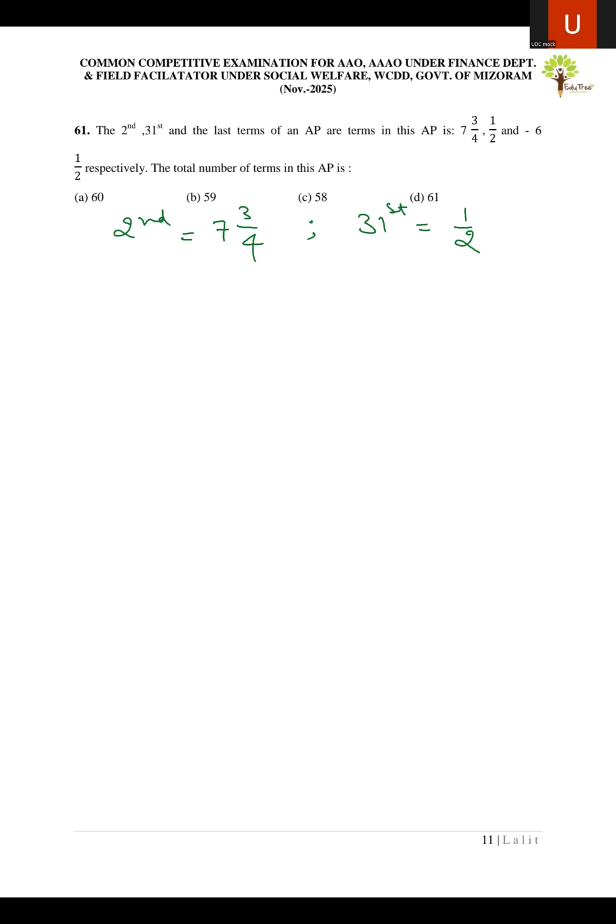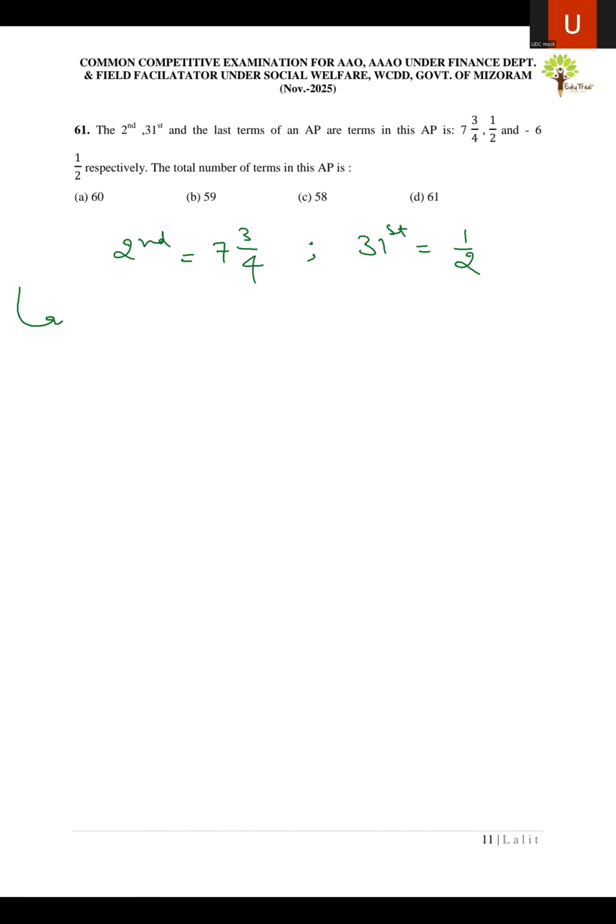So the last term is minus 6 1 by 2. All right. So how can we write the second term? Whenever something like this is given to us, second term, 31st term, what you do, you reduce 1 from it. Just reduce 1 from 2, we'll get 1, and we can write it like this: a plus d. A plus d is equal to 7 3 by 4, that is 31 by 4.